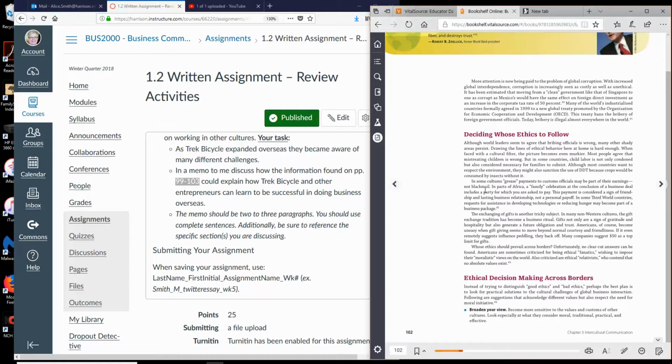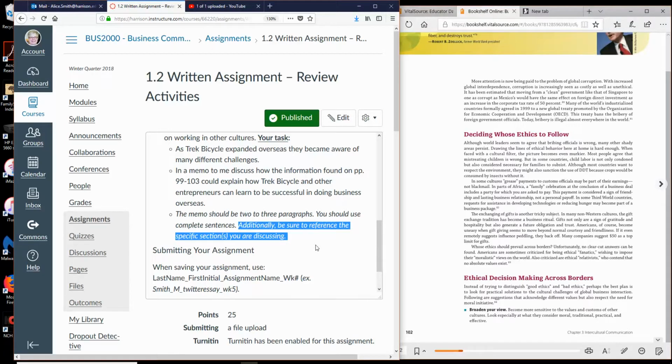Are they going to follow those ethics? They're probably very similar, but there may be one or two things that are different. And so then you're going to go to the section deciding whose ethics to follow in chapter 3. This states such and such. That covers you right there. Okay, that's what I mean by that.